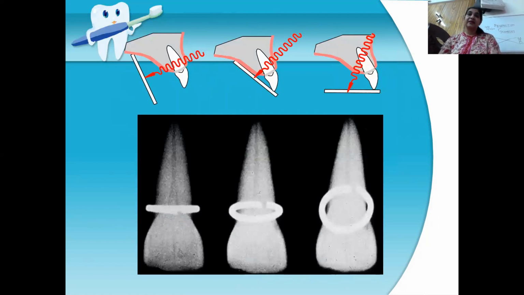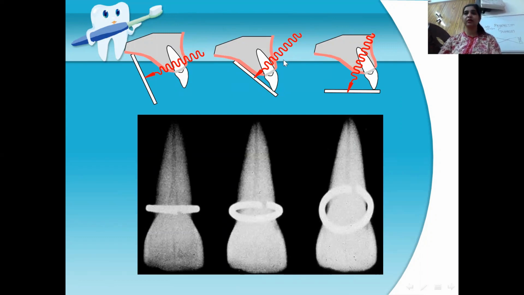Beam alignment is also very important. If the beam is more parallel, the image will come out exactly. Supposedly, if we have placed a metal on the cervical region of the tooth and taken the radiograph, if the beam is more parallel, then a more accurate image will come. If the beam alignment is more vertical, then a radiograph like this will come.